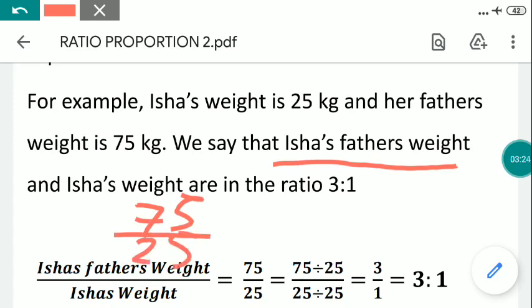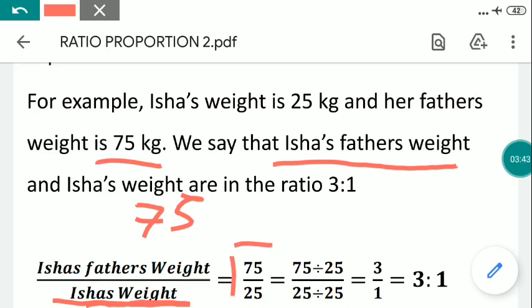So we take division of those quantities. Isha's father's weight divided by Isha's weight is equal to 75 divided by 25. We can simplify this 75 by 25. We find its lowest form, same as a fraction.